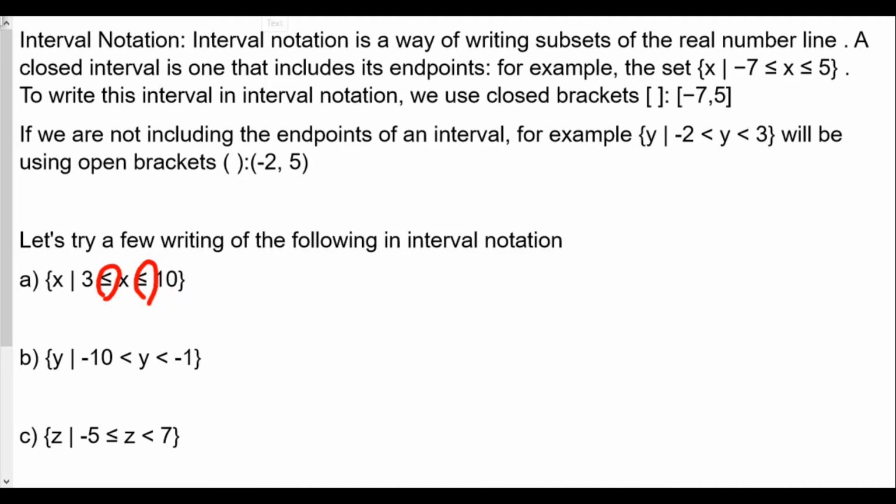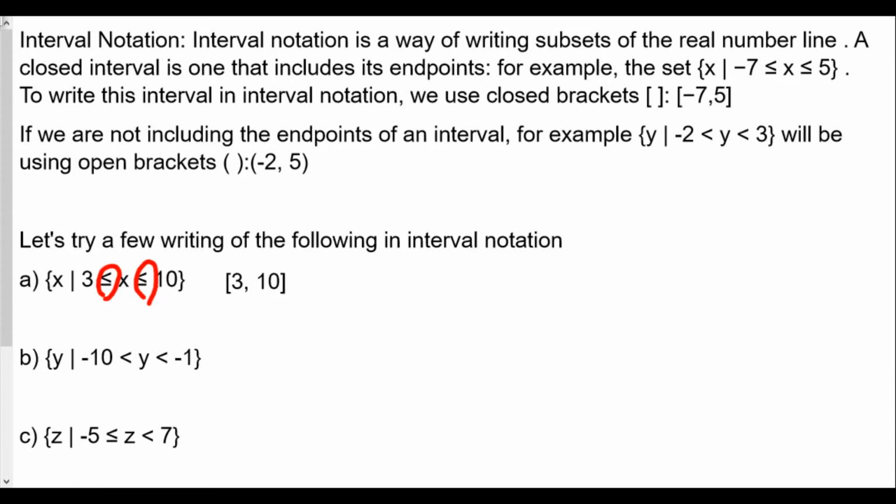Okay: hard bracket 3, comma, 10, close hard bracket. In this case we are going to include the 3 and the 10, because those are the endpoints, so we use the hard brackets here.